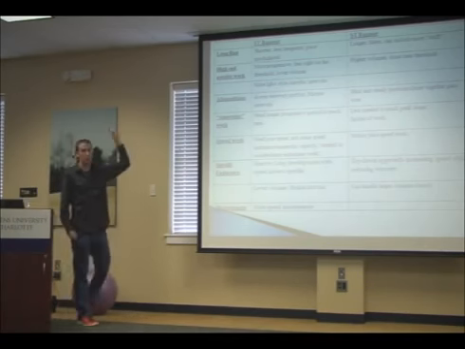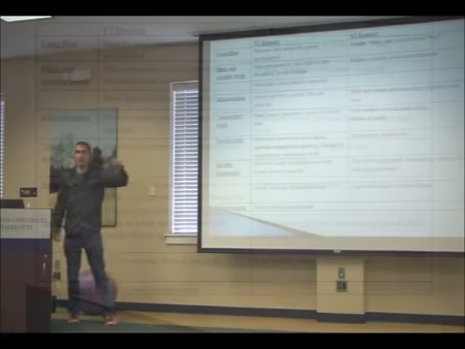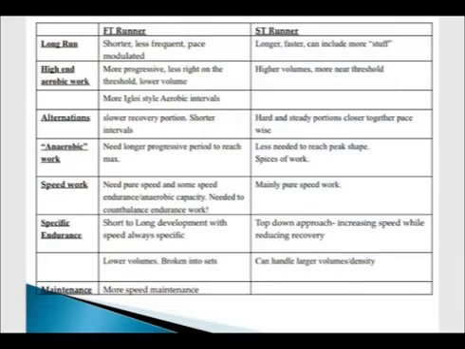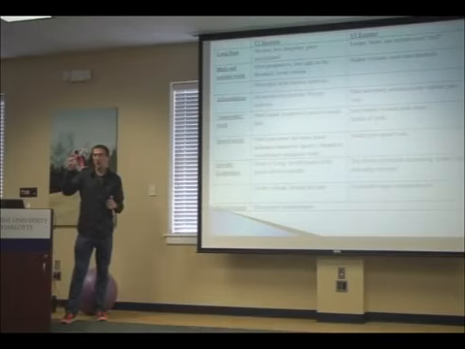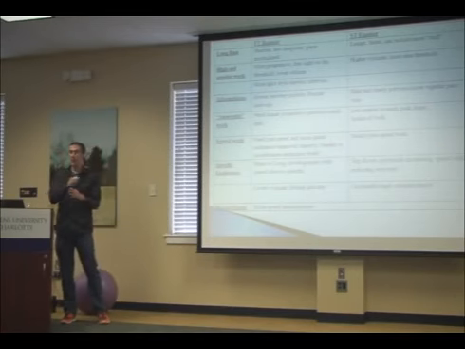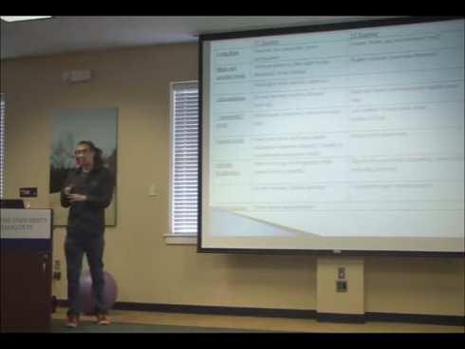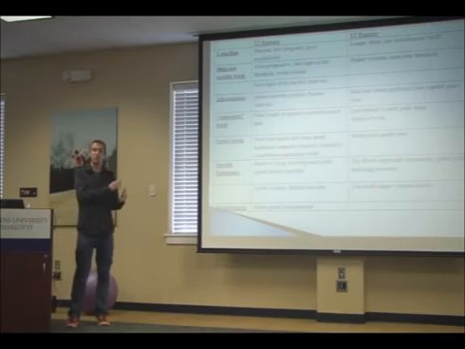Fast twitch runners, more Igloi style aerobic intervals, which I'll touch on a bit later. Why? Because it's at a more specific pace, but it's still aerobic. So if you keep the interval slow enough and short enough, it can be highly aerobic, just like a tempo run would be, but it's at a more specific pace.